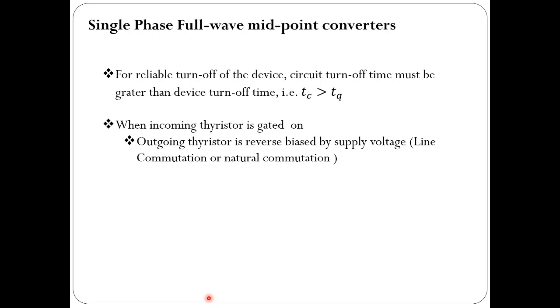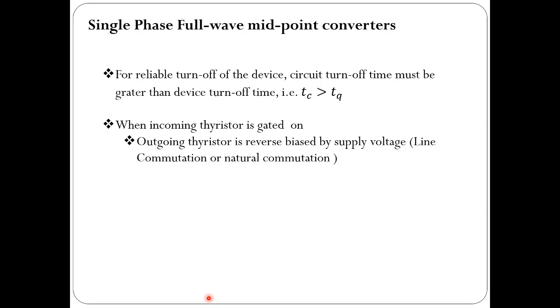Usually SCRs are semi-controlled switches. Turn on can be easily controlled by applying a gate signal, but for turn off you usually have to go for a commutation circuit. But that is not required for this particular application. In case of rectifiers, full converters or half wave converters, the current through the thyristor becomes 0 naturally, and the voltage across it is applied in the reverse way naturally. So it is also known as natural commutation or line commutation.